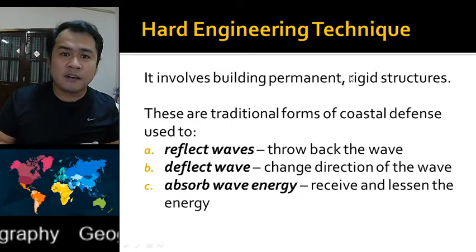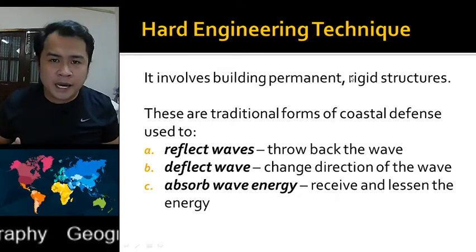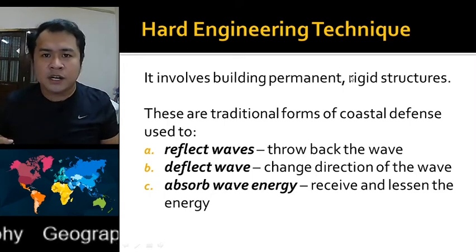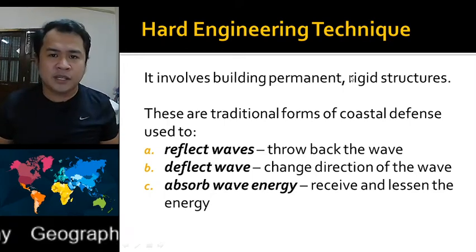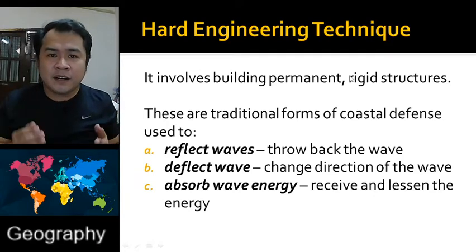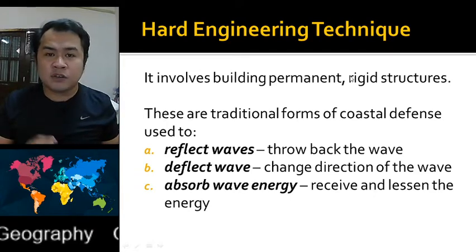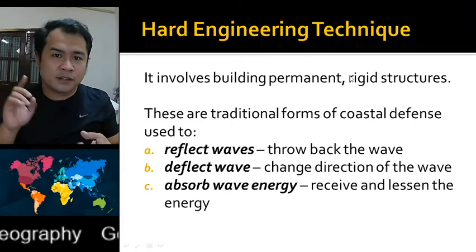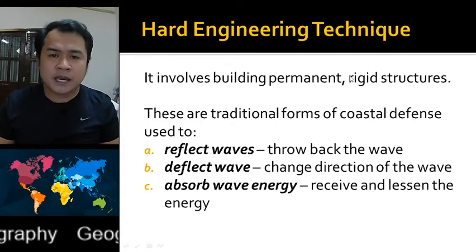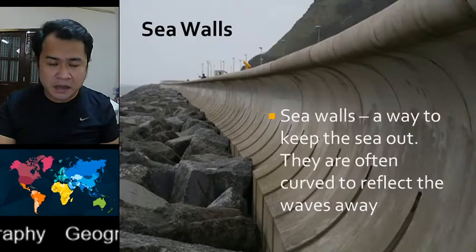And three, they absorb the energy of the wave so that it will not cause further damage to our coastline. Again, hard engineering or these coastal defenses can reflect, deflect, and absorb the energy of the waves.